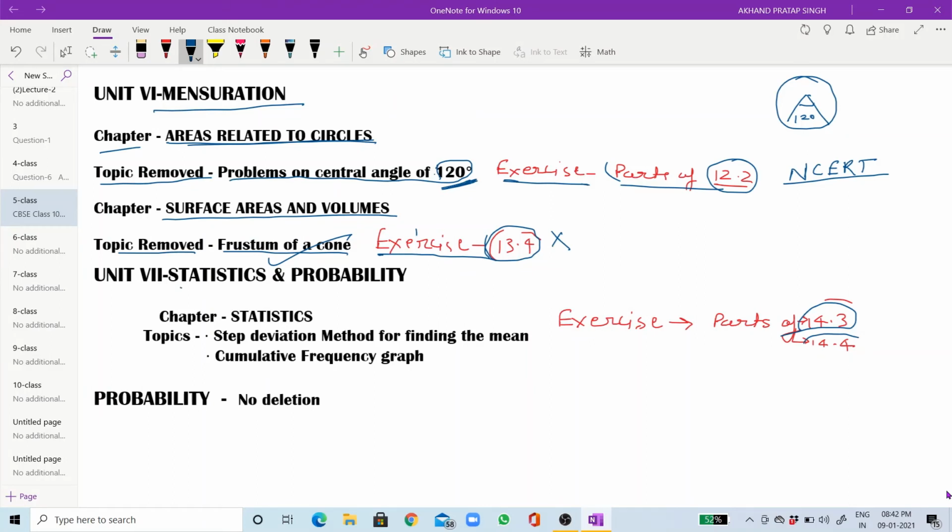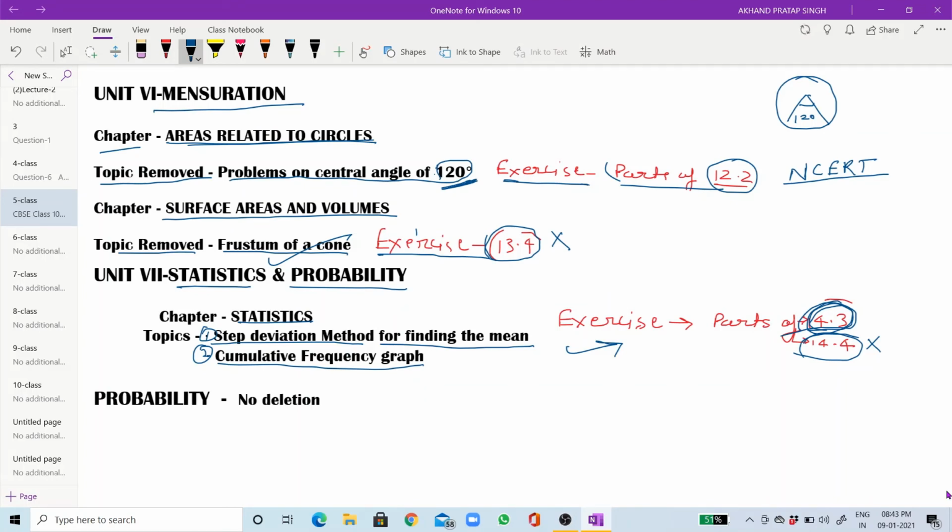And the next one is statistics and probability. In statistics, the topic removed is the step deviation method for finding the mean, and the next one is the cumulative frequency graph. So in exercise 14.3, some part of exercise 14.3 and the whole of exercise 14.4 will be removed from your syllabus.